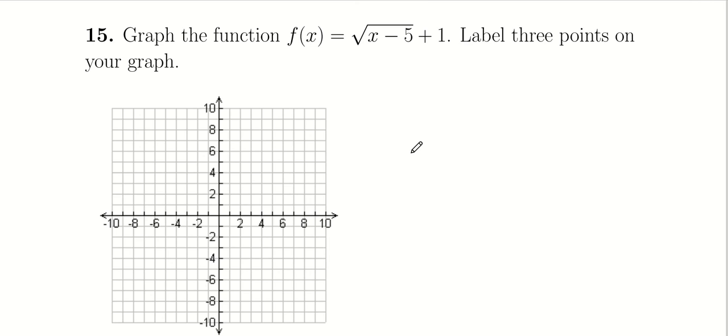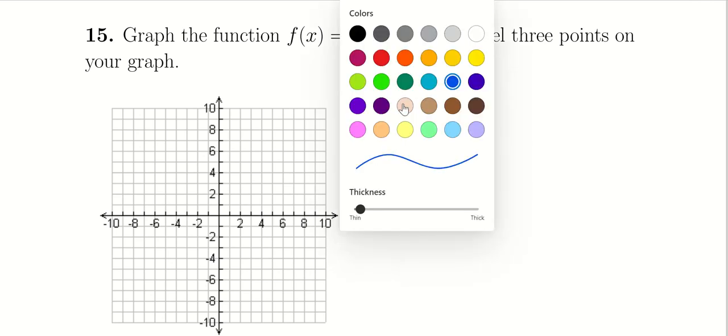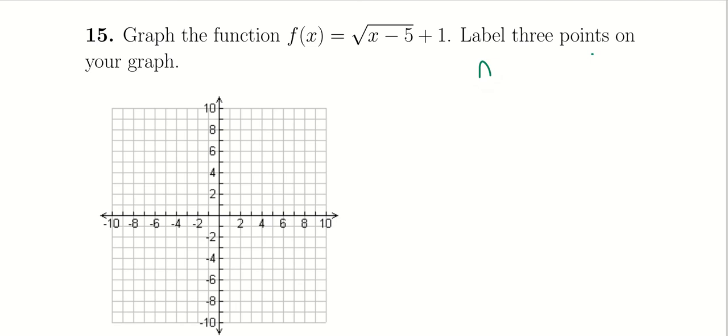In example 15, we now want to graph the function. This is our transformation information. To start, we want to identify what would the parent function be. So here the parent function would be the square root of x. So let's begin by graphing the square root of x, which we should have memorized by now.